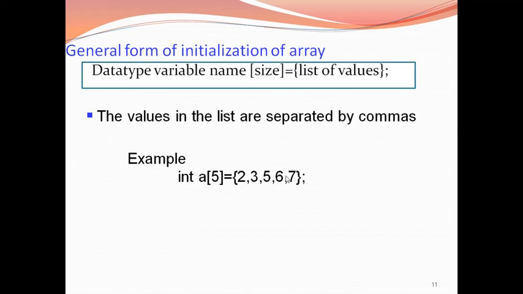These 5 elements are initialized to the array a. In the first place, the first element is 2, second element is 3, third element is 5, fourth element is 6, fifth element is 7. These elements are stored in chronological order, sequentially.